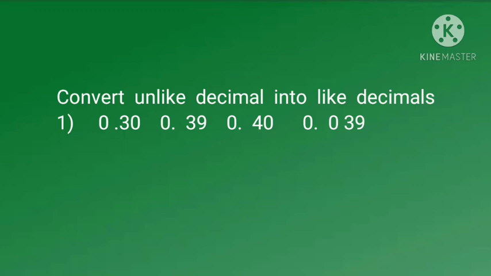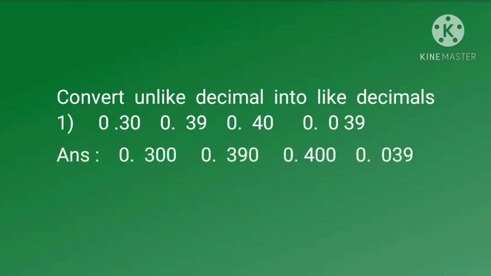Here, the maximum number of decimal places in the given numbers is 3. We convert the others into decimals with 3 decimal places. Answer: 0.300, 0.390, 0.400, 0.039.